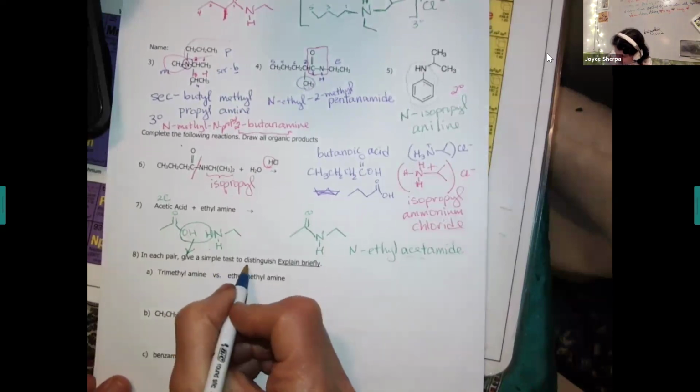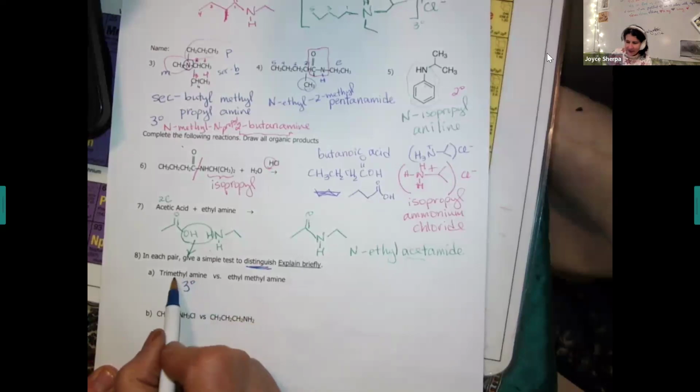We're going to distinguish these with a simple test. One of the keys here is this is a tertiary amine because it has 3 methyls, and this is a secondary. And amines, by the way, versus anything else, are going to stink. They smell like rotten fish. I don't know if I talked about it.